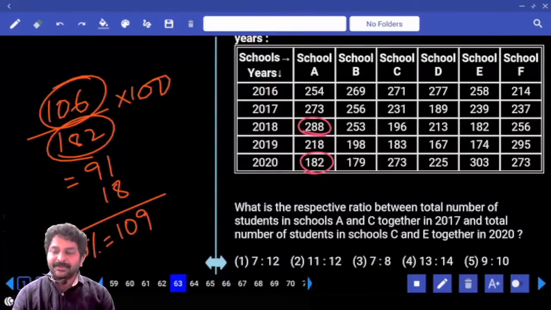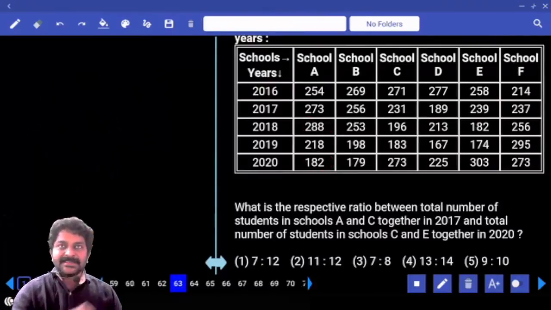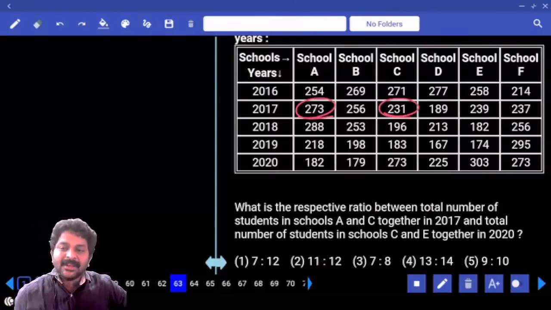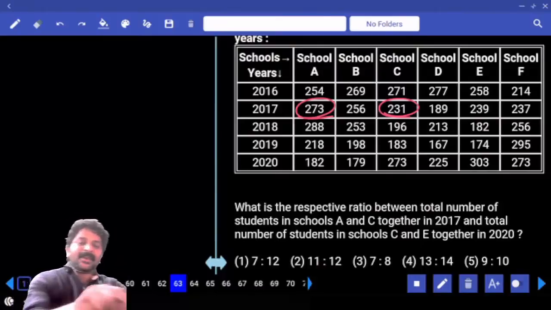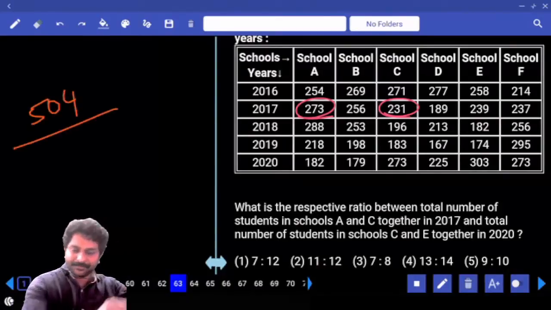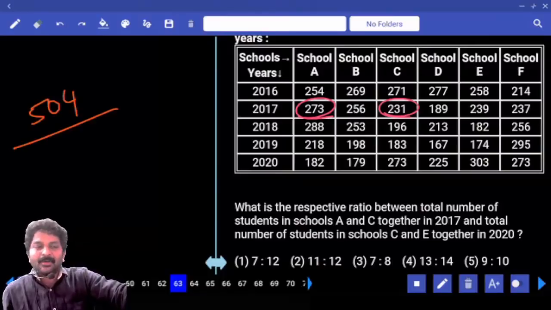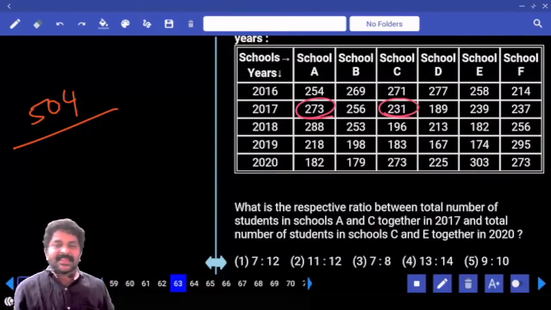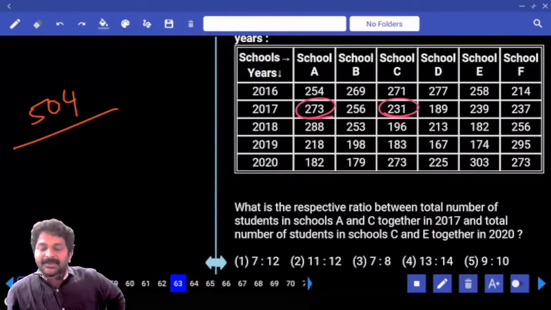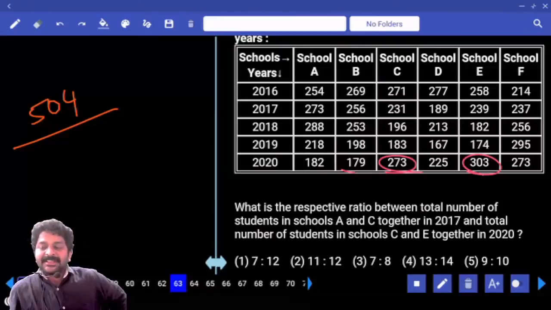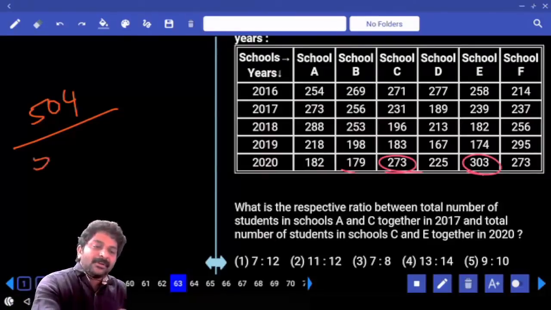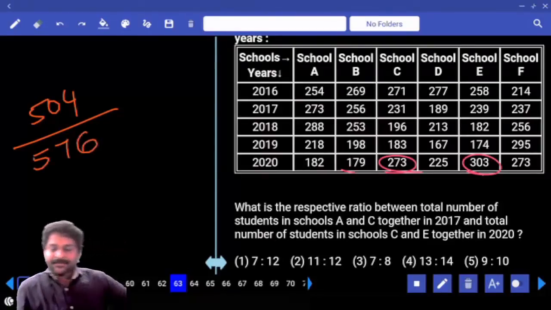What is the ratio between the number of students in school A and C together in 2017 and the number of students in C and E together in 2020? 2017, A and C together: 273 plus 231. 270, 230, that is 500. 3 plus 1, 4. That is 504. Your question is about ratio, hence I will write it as A by B form. C and E together in 2020: 273 plus 303, that is equal to 576.